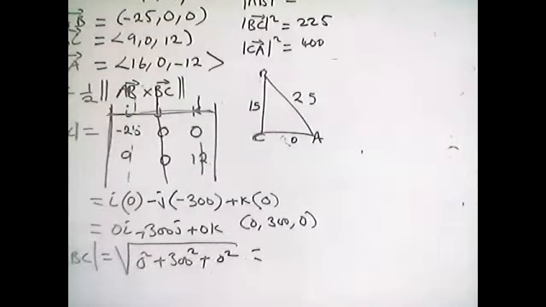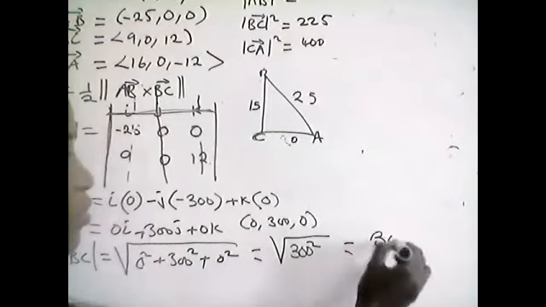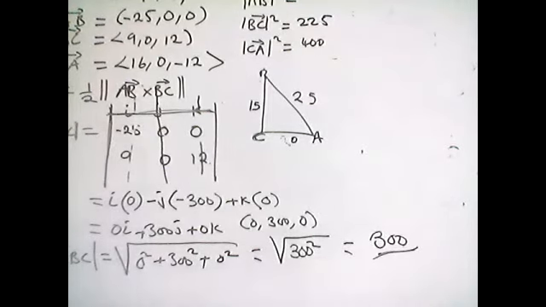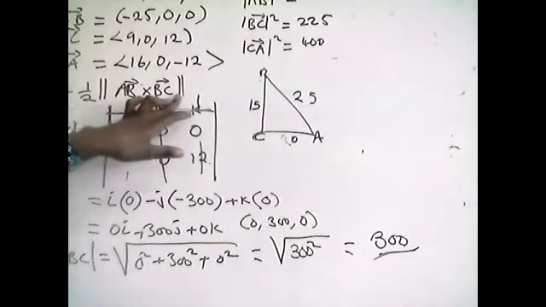So this is going to give us 0 plus 300 squared. The square and root cancel. We're going to remain with just 300. So we found that part there, and that part there is 300.